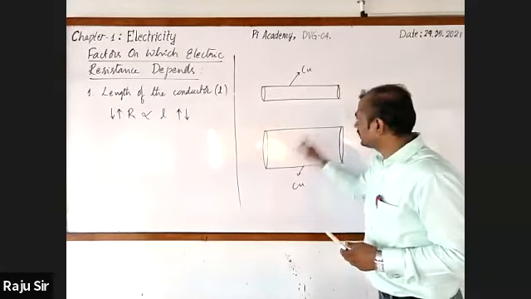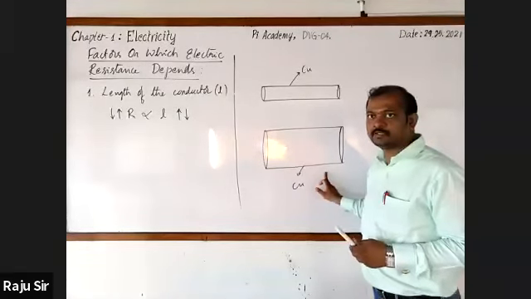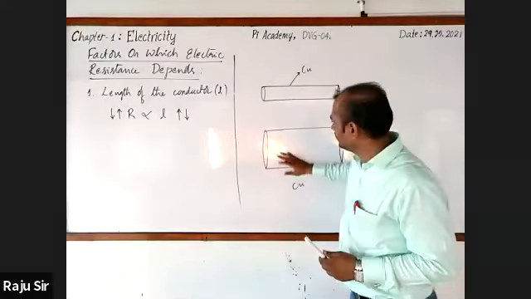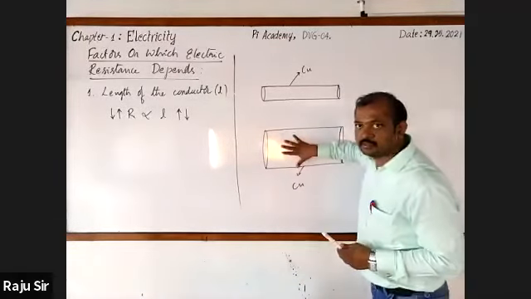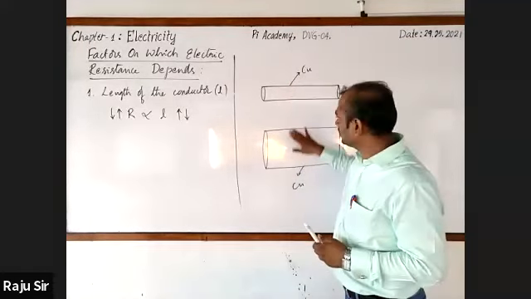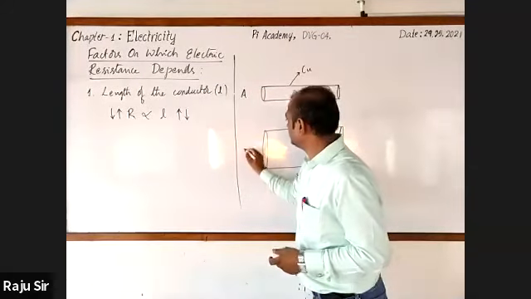Even observe their length. Length is also the same, right? So what difference do you find? Thickness. See, the second one is thicker than the first one, and the first one is thinner than the second one. I call this A and this B.